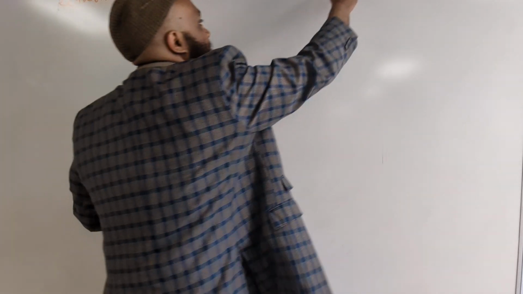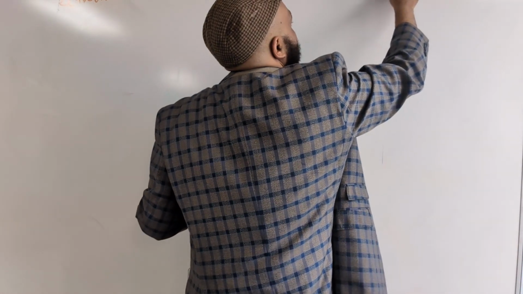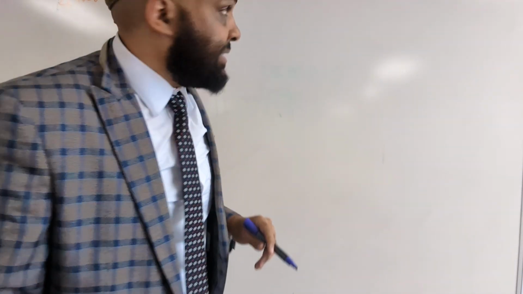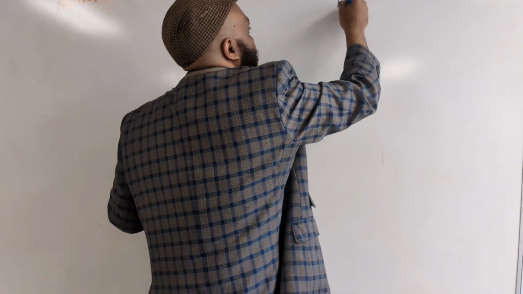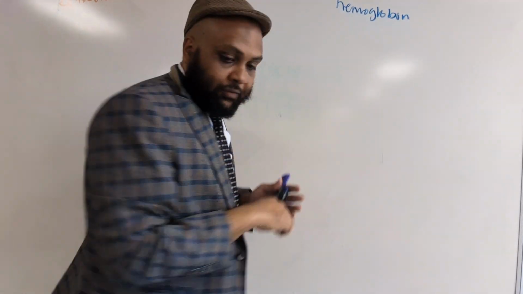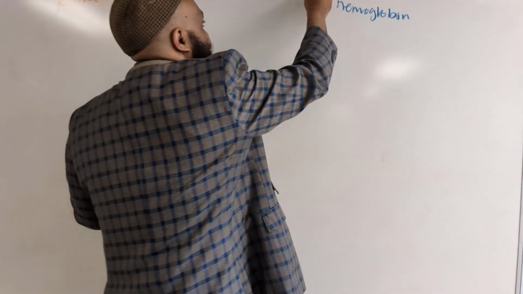So let's say this is my DNA. I need a particular protein. I need myoglobin. I need, let's say, hemoglobin. I need, for example, catalase.